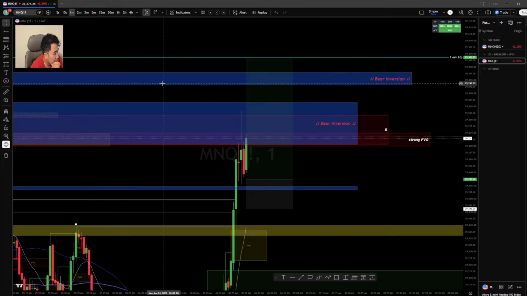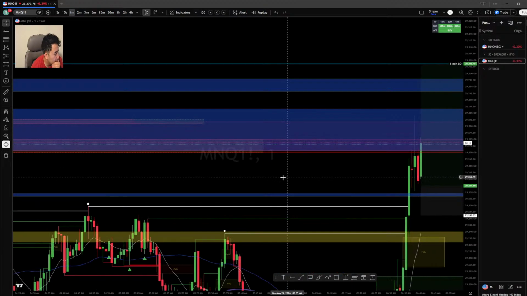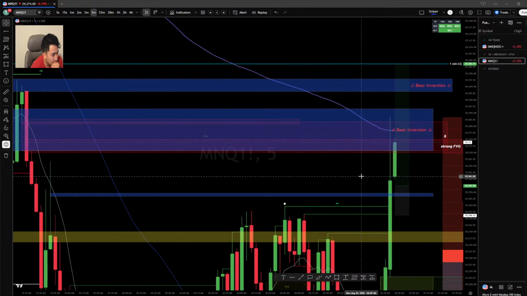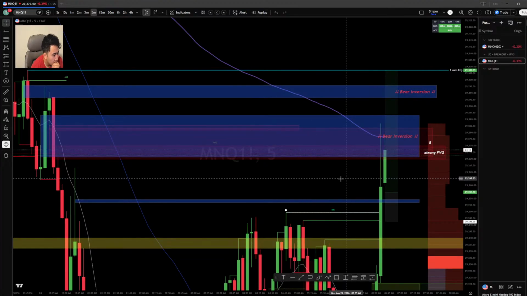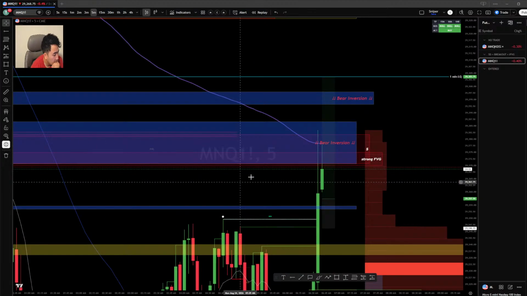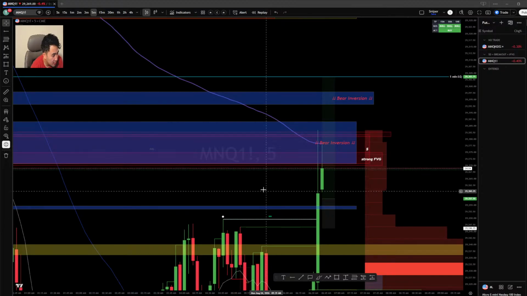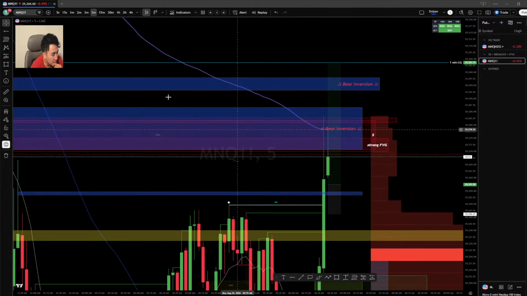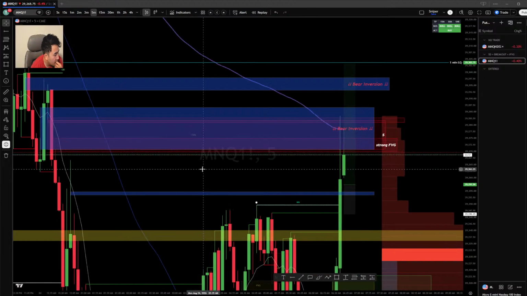You could target the 1 minute liquidity if it sets up. The only thing is there's a 5 minute gap here. Yeah, so I'd say the RR wouldn't be good. The 5 minute gap is just sitting really close by.